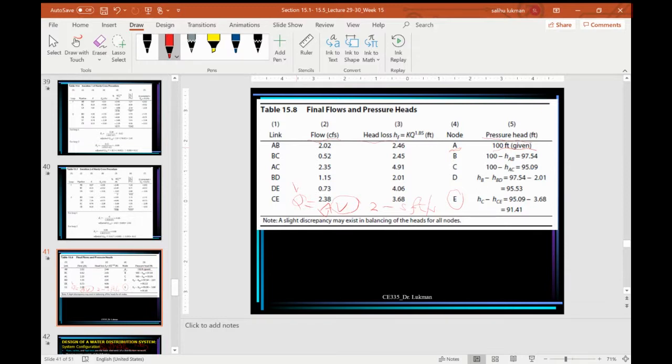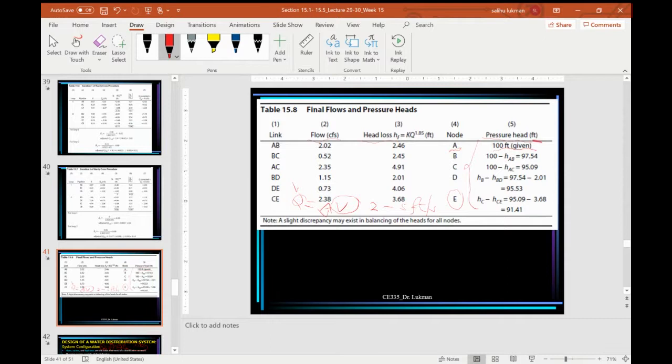And then, once the velocity is fine, you can calculate the pressures at the nodes and compare the calculated pressures to the desired standard pressures. Once you find the head loss, you can find the pressure heads, and then you compare them to the desired standard pressures at the particular area. All this pressure is given in the form of head.